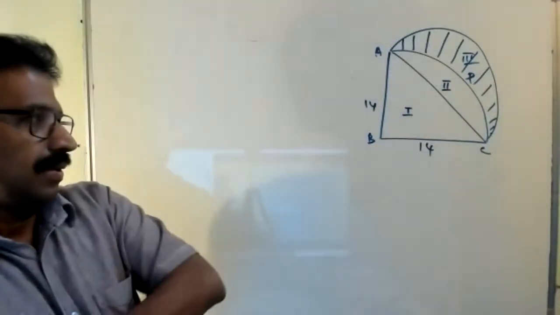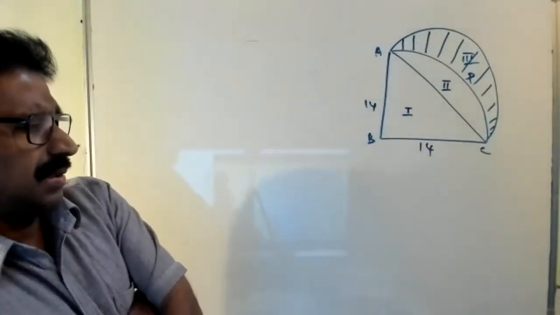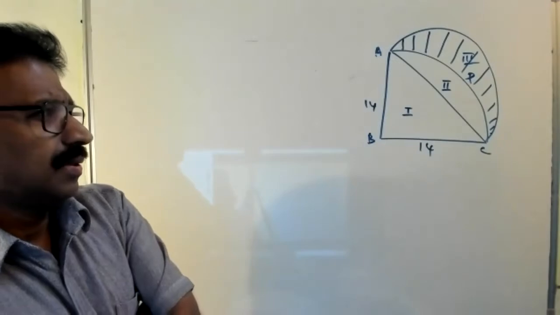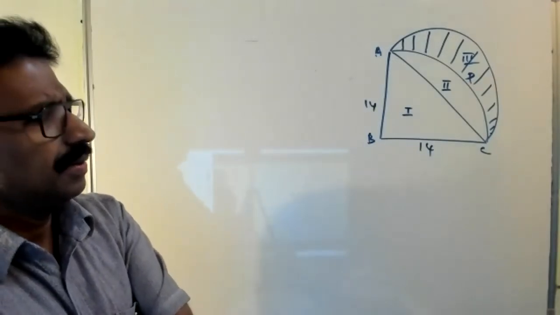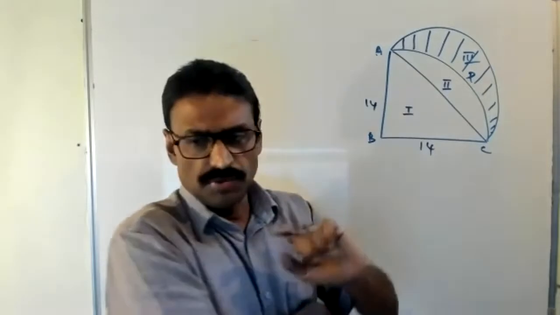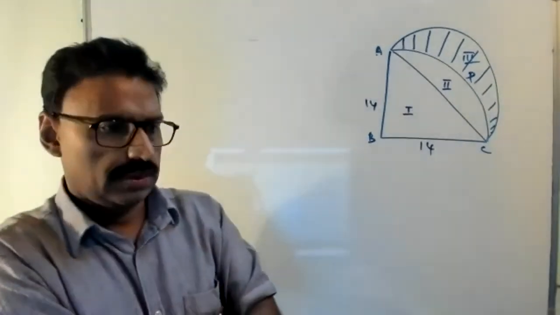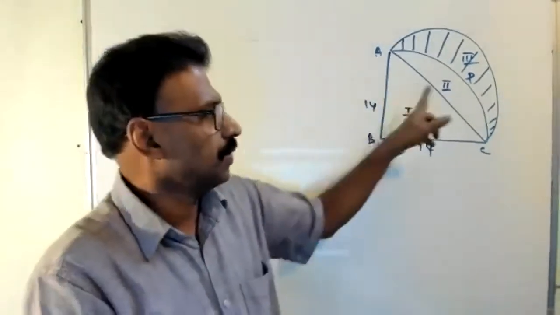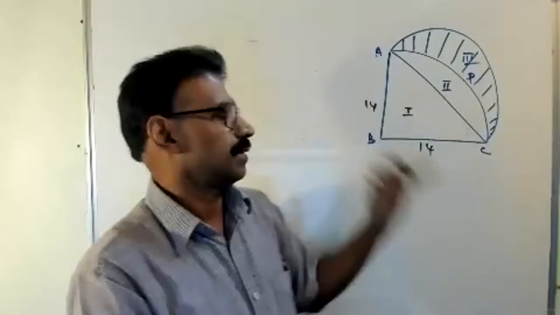My plan is we will find part 2 only. Then we'll find part 2 and 3 and subtract it.